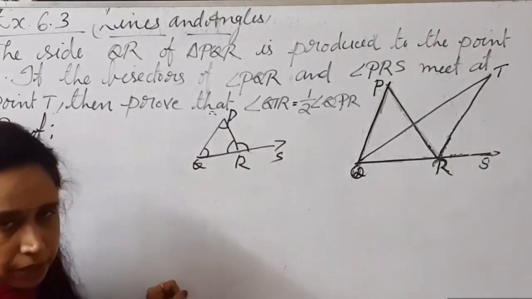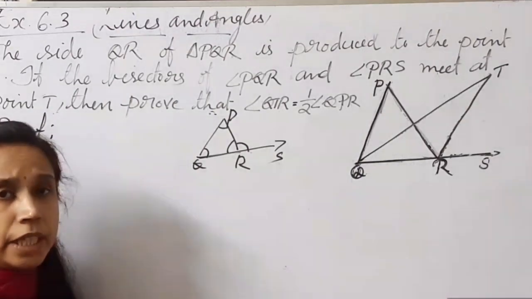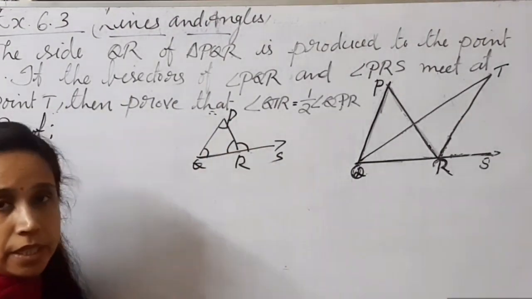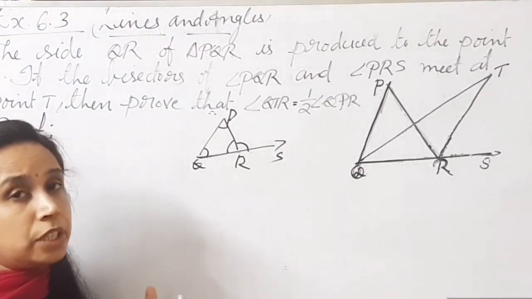So the exterior angle property of a triangle says that the exterior angle PRS is equal to the sum of the interior opposite angles.